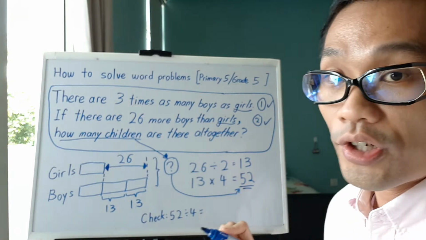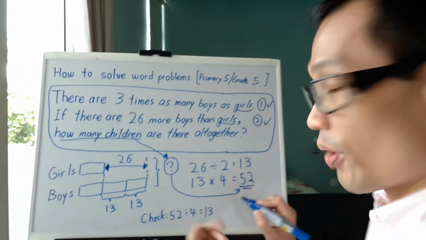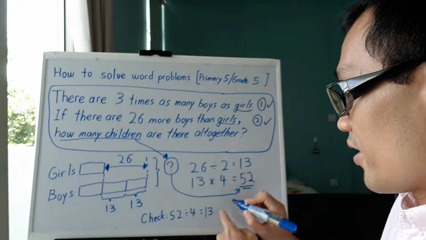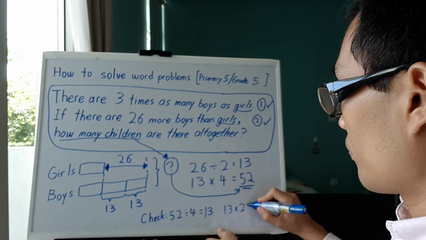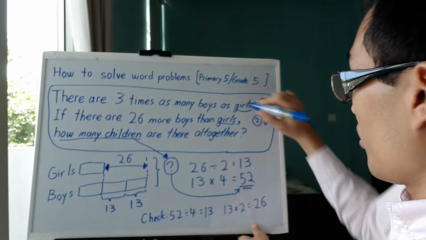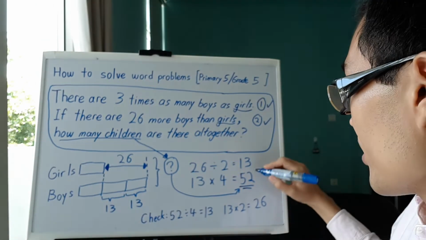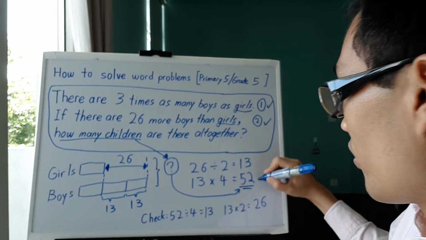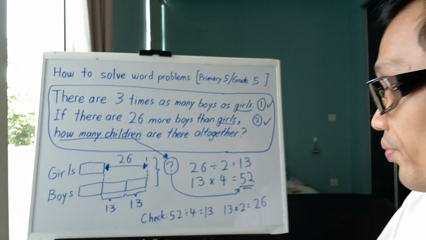If you do your long division, you'll end up getting 13. But don't take my word for it, go and check for it. Then 13 times 2, to represent the 2 units here, 26. Do we have 26 here? Yes. So this answer, or the number 52 children, solves for this question.